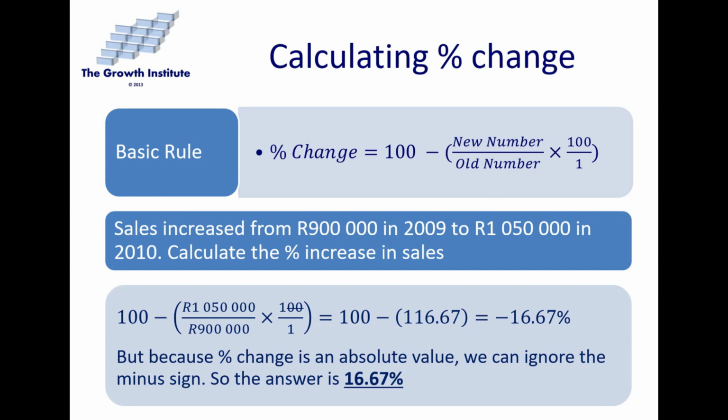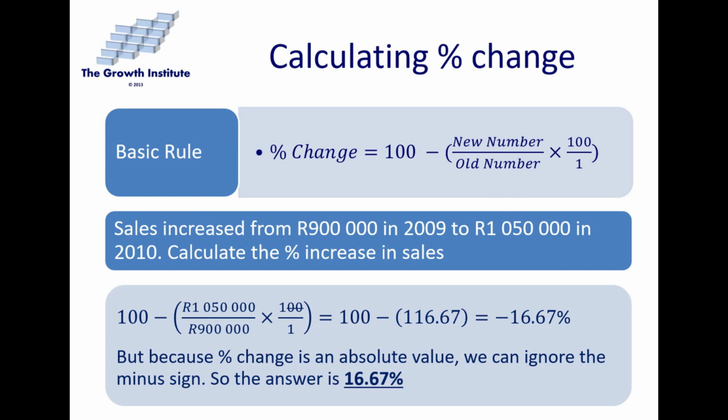There you see that sales increased from 900,000 in 2009 to 1,050,000 in 2010, and then it says calculate the percentage increase in sales. Now, if there is an increase, really, you would do it the other way around. You do the part in the bracket first, and then you would say minus 100, because you know there's an increase.